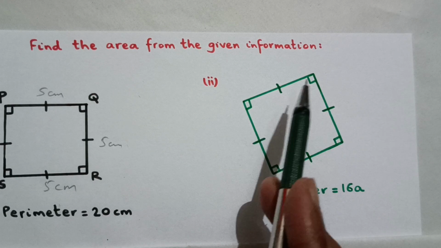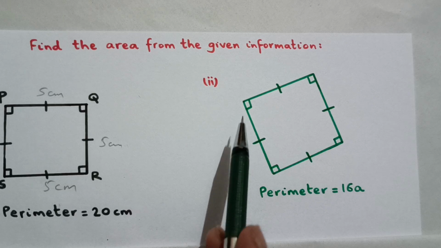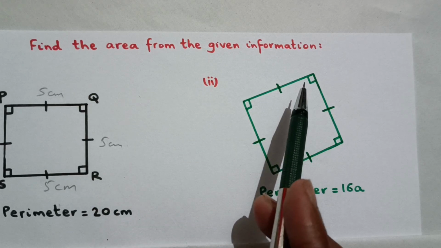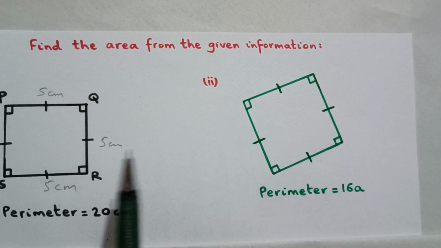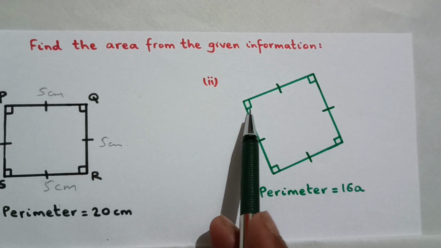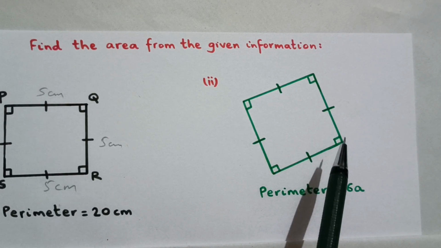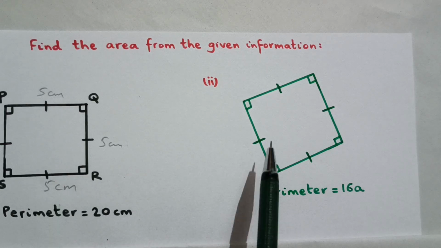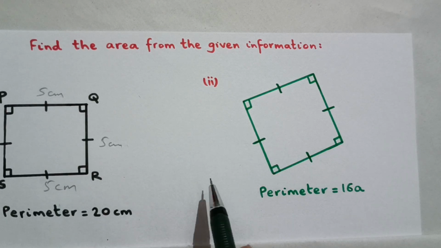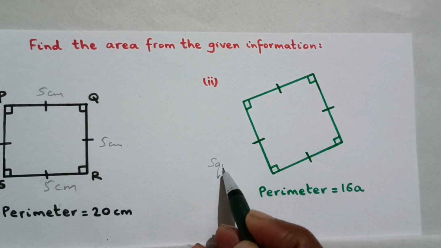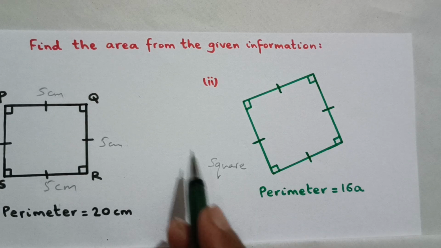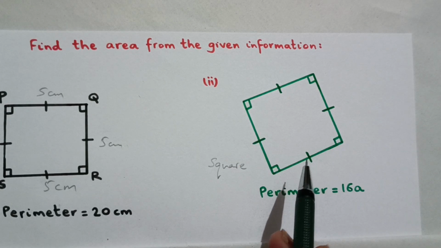So that means all the 4 sides of this quadrilateral have the same measurement. So all the 4 sides of this quadrilateral are equal. So all the 4 angles of this quadrilateral are 90 degrees and all the 4 sides are equal. So therefore this quadrilateral is a square. So we have to find the area of this square.